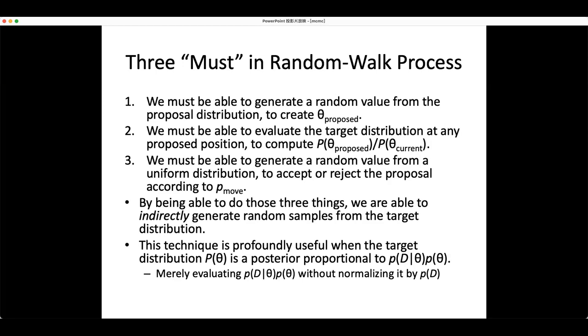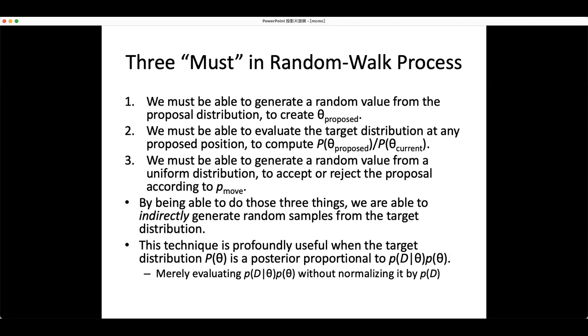But regardless, you can always sample from a Gaussian or from a uniform distribution, right? So sampling from a given distribution is normally never a problem. So this is the first must.